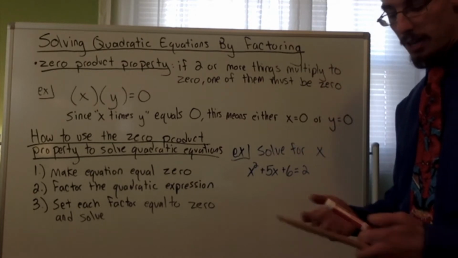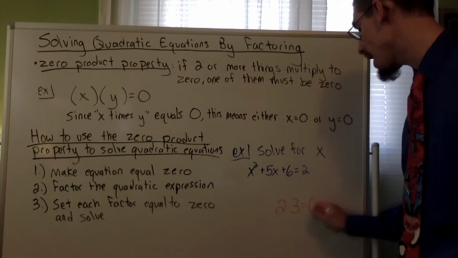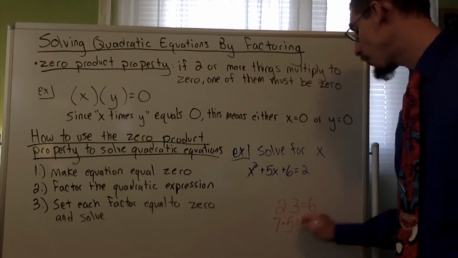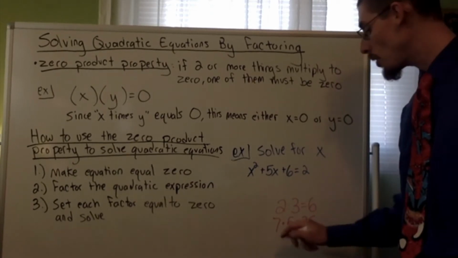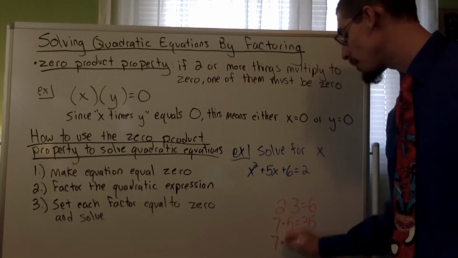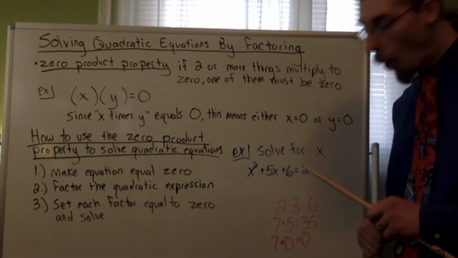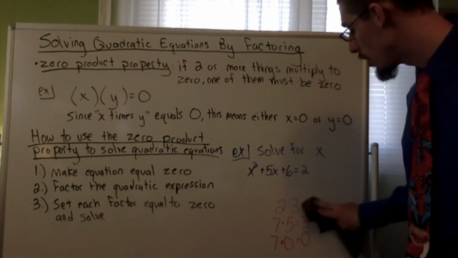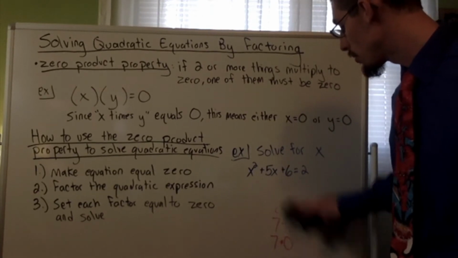You multiply regular numbers together, 2 times 3, that equals 6. 7 times 5, that equals 35. The only way to make this equal 0 is if you did something like 7 times 0, right? The only way to multiply numbers to equal 0 is if one of those things equals 0.